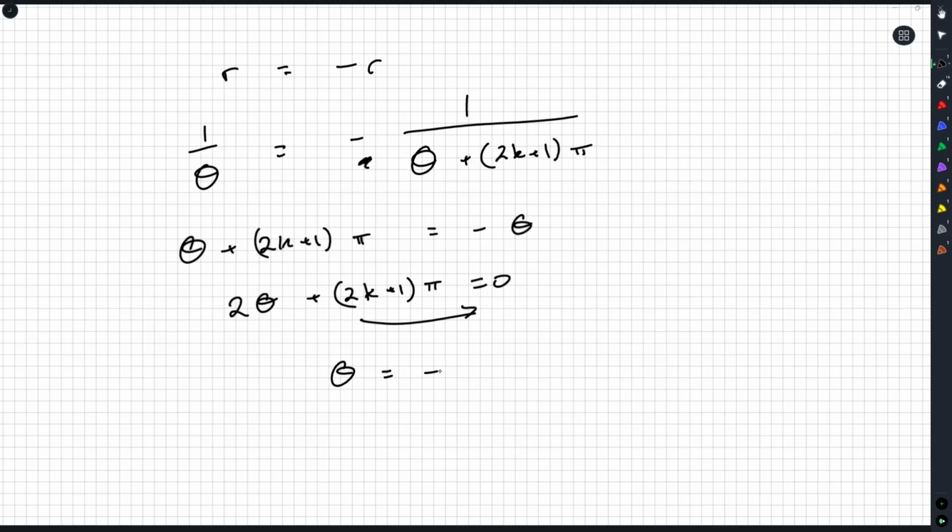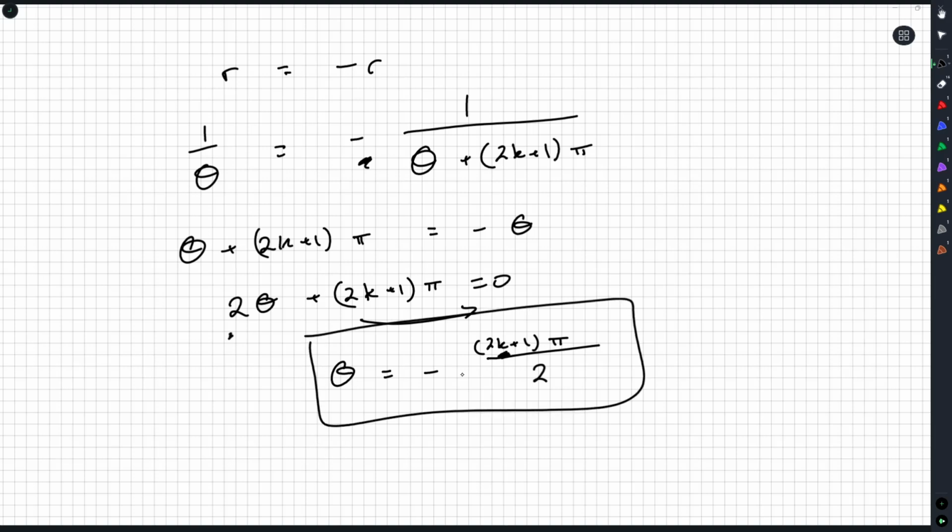And we're going to get theta is minus (2k plus 1) pi over 2, although you don't have to have that minus sign in there, because if you choose k to be a different value, right now this is a negative odd multiple of pi. Well, if you choose k so that 2k plus 1 is negative, you can absorb that minus sign if you really want to. Think about it for a moment. Okay?